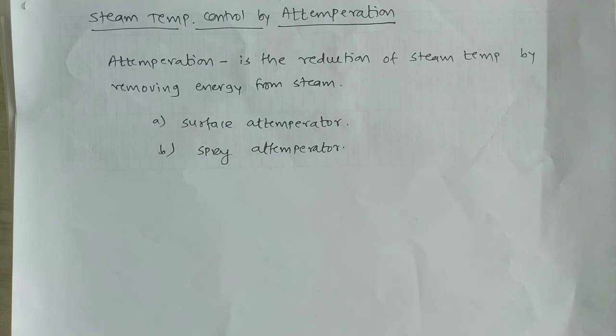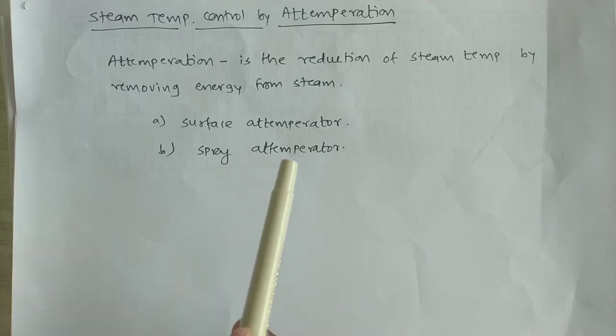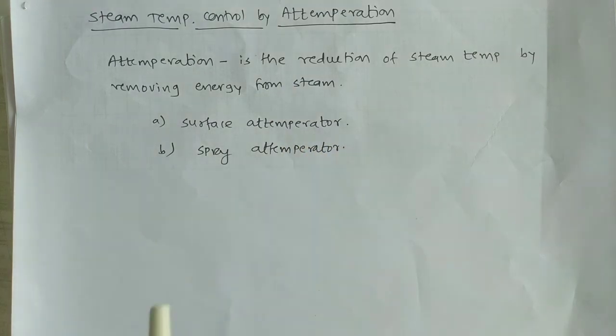In the surface attemperator method, a heat exchanger is used, for example a tube and shell type of heat exchanger, and hot water is circulated. When the steam coming from the drum goes to that heat exchanger, the heat is exchanged and it minimizes its temperature, and then it is sent towards the superheater.